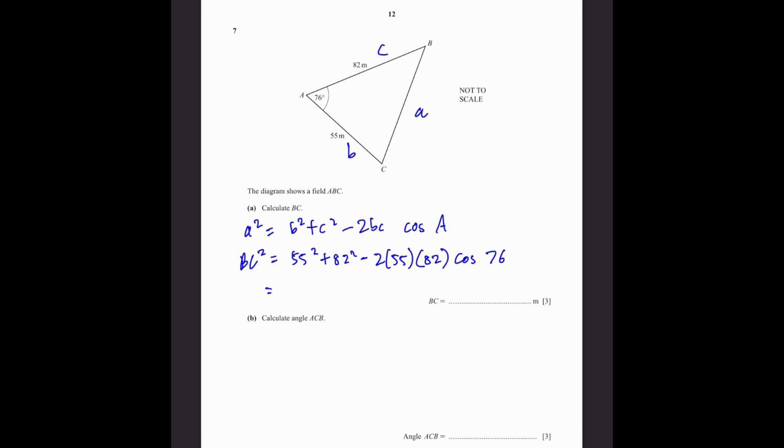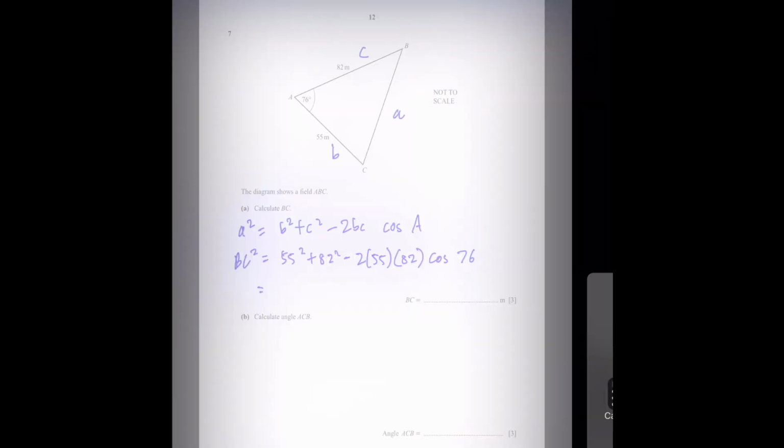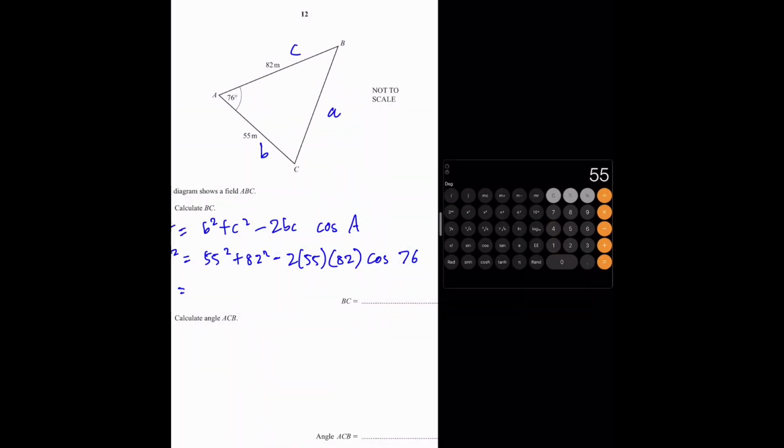So that's going to be equal to, getting our calculator out, here we go, 55 squared plus 82 squared, that's 6724, and we subtract 2 times 55 times 82 times the cosine of 76 to get 7566.864.